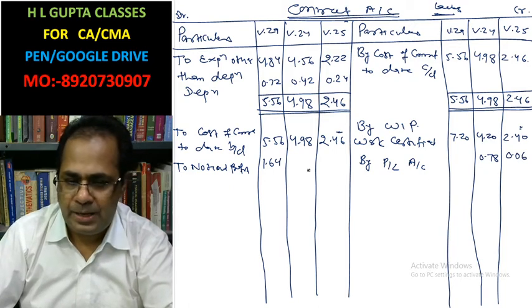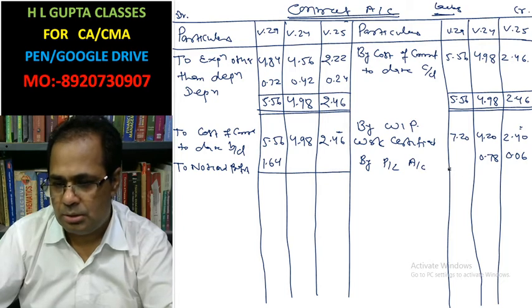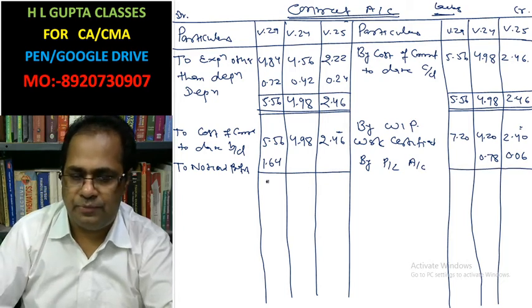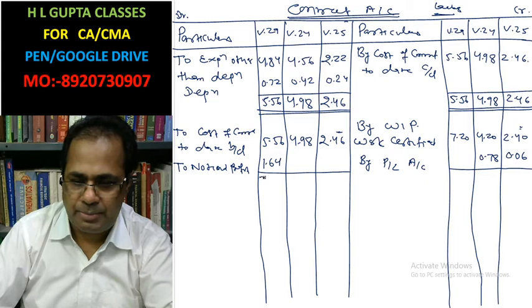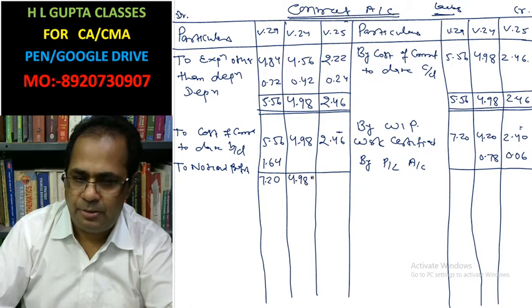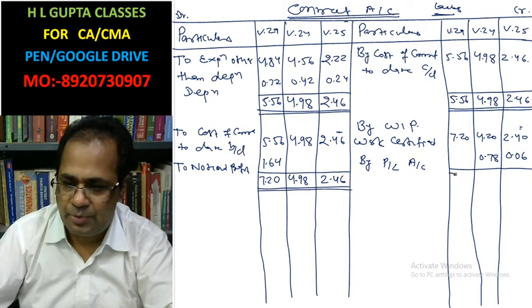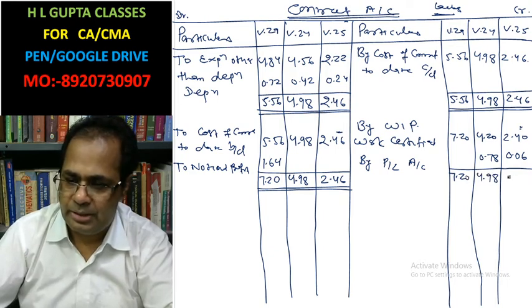Okay, in this case, what will happen? The totals will be 7.20, 4.98, 2.46.